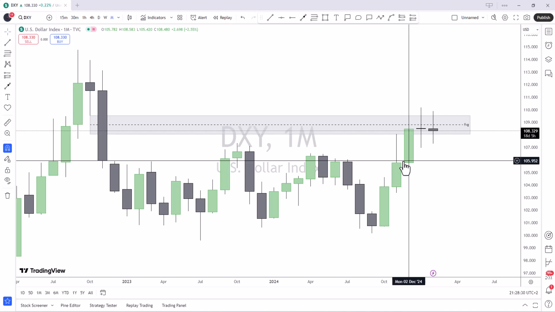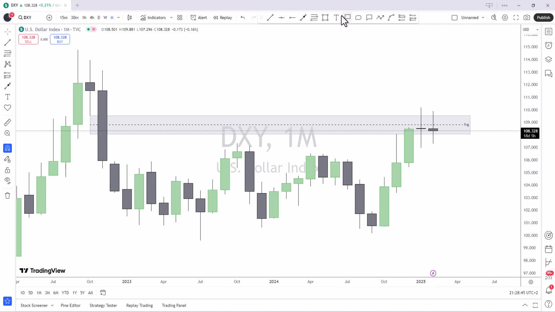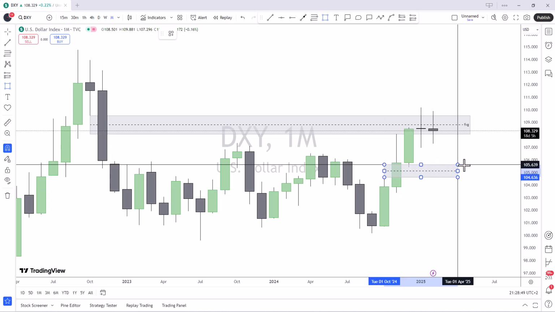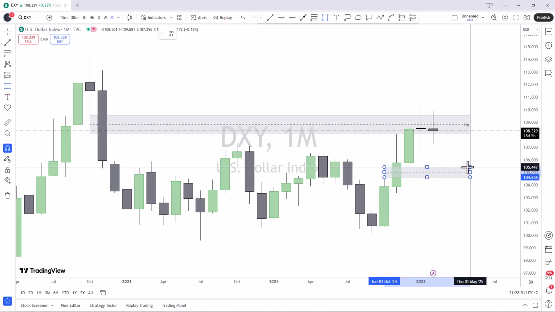As much as Trump is dishing out tariffs left, right, and center, I believe that dollar might have reached a ceiling at this moment in time, and we are now looking for a possibility of returning to levels like the 105, right? You see, the 105 levels.